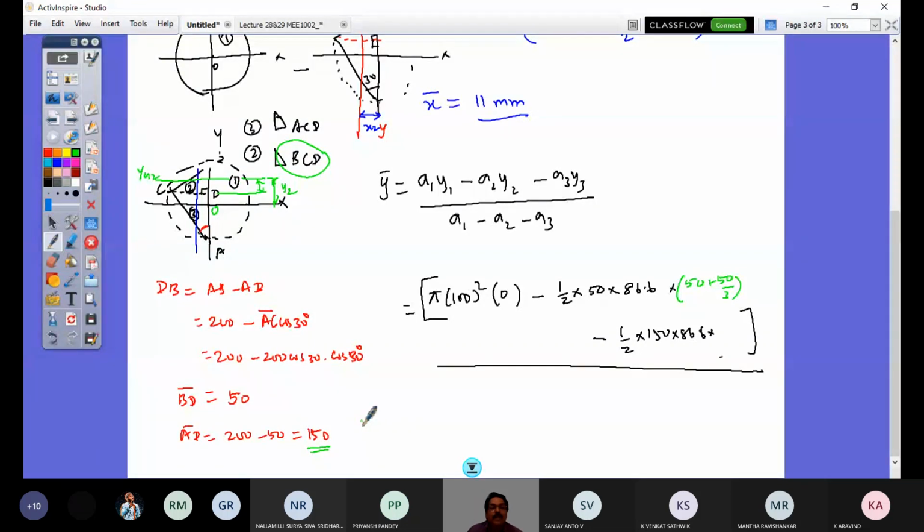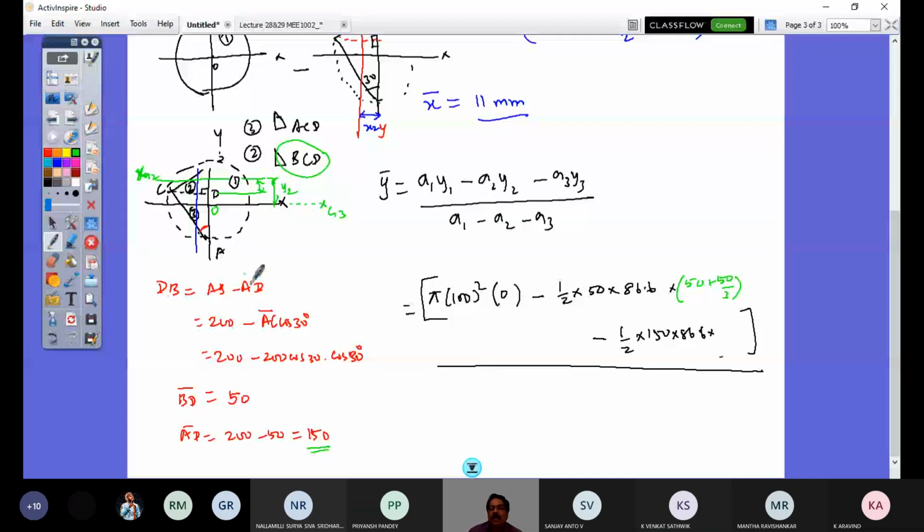What is AD? 150. So this x-axis itself is the xg2 axis. This is not yg2, it's the xg2 axis. This x-axis itself is the xg3 axis as well for this triangle.